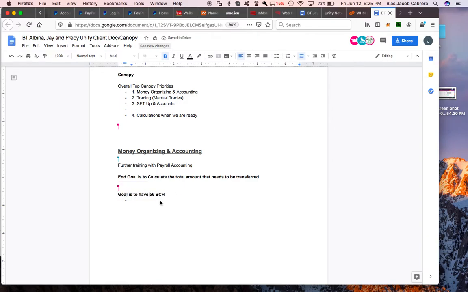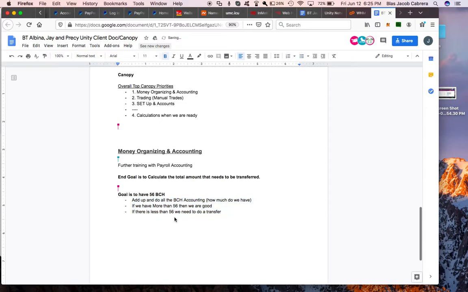So the goal is to have 56 BCH. So then we need to add up and do all the BCH accounting. How much do we have? If we have more than 56, then we are good. If there is less than 56, we need to do a transfer. Does that make sense?